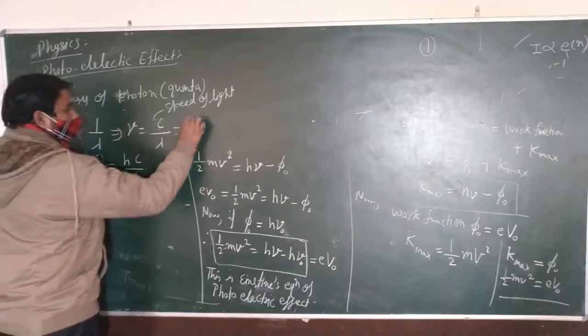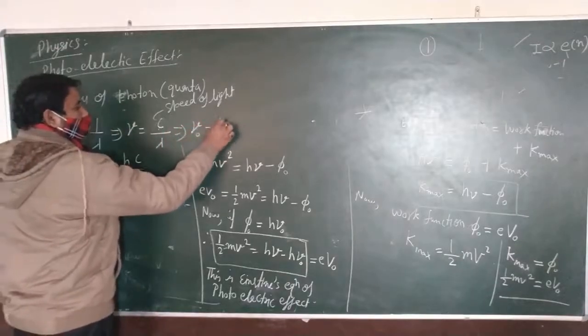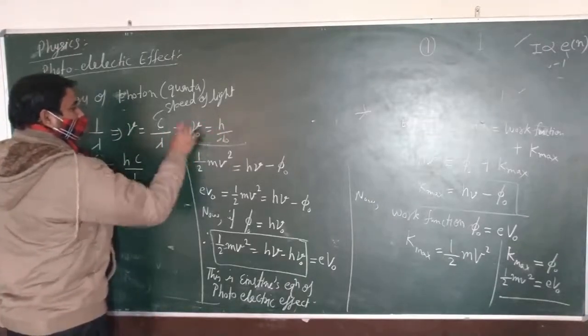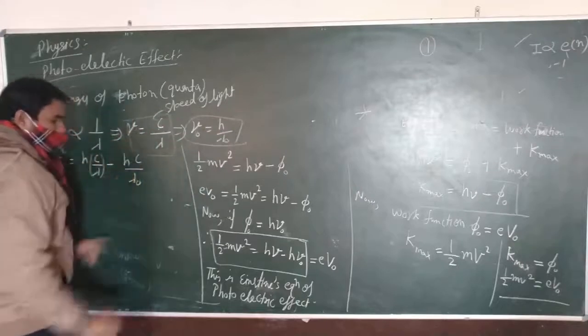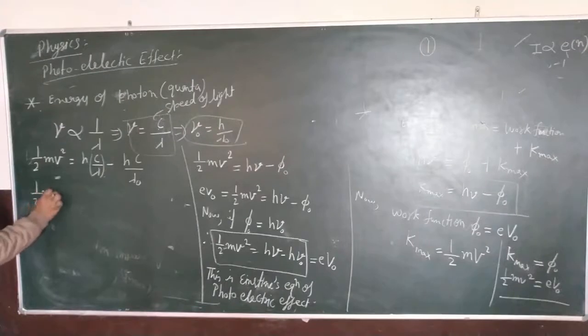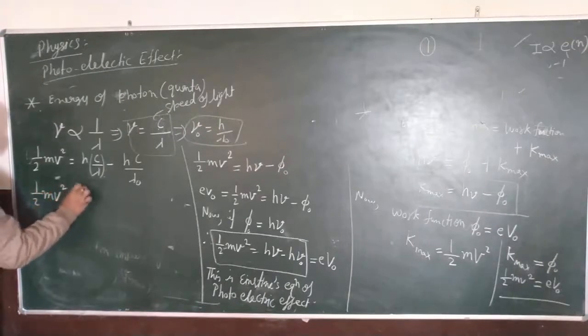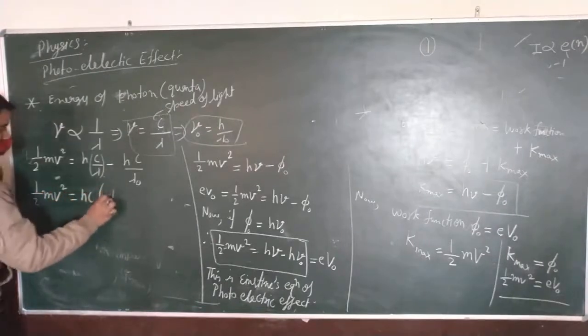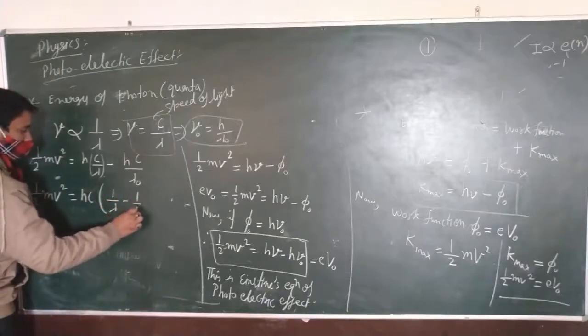From here, nu naught is equal to c upon lambda naught. Clear? By putting this value here, we get half mv square is equal to hc common, 1 upon lambda minus 1 upon lambda naught.